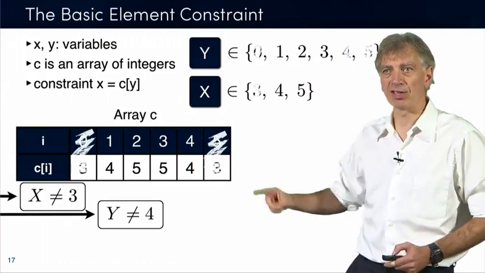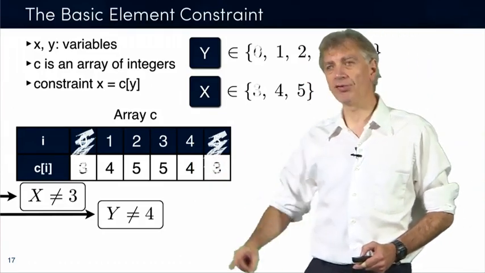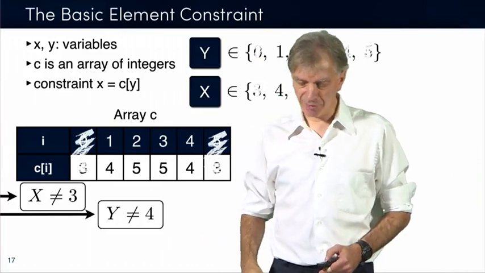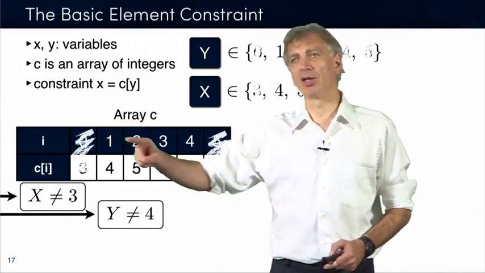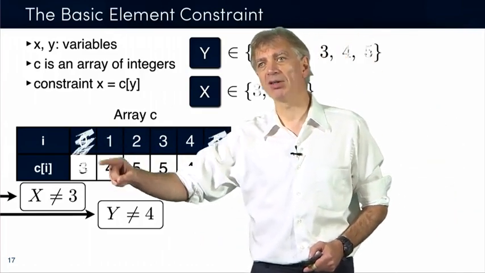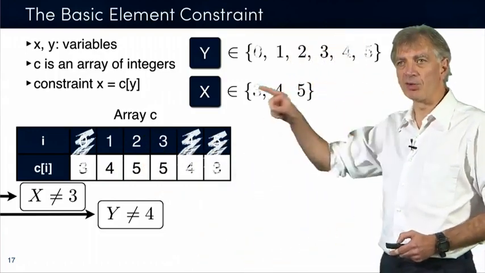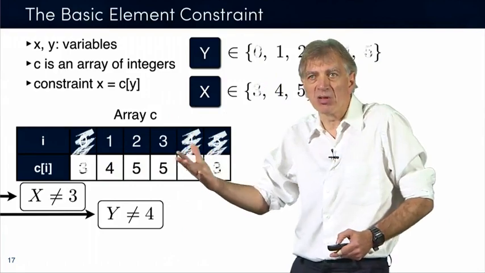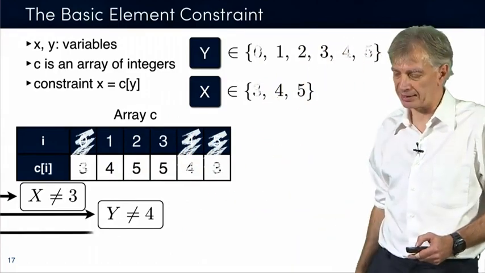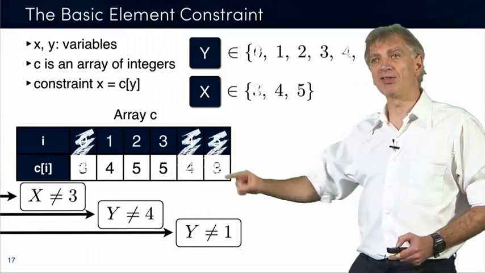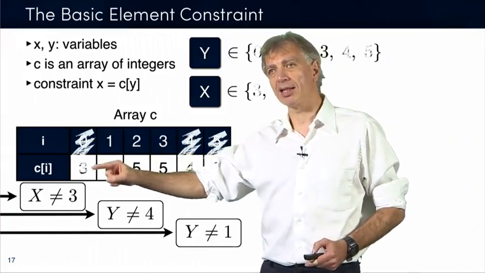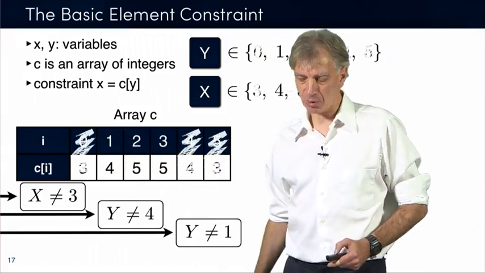But nothing happens at this point, because the value 4 can also be obtained if y is taking the value 1, which is over there. So at this point, I can't remove any value from x. This is essentially only removing some part of this array, but I can still assign the value 4 to x. But if y is now different from 1, then I can remove this value 1 over there.